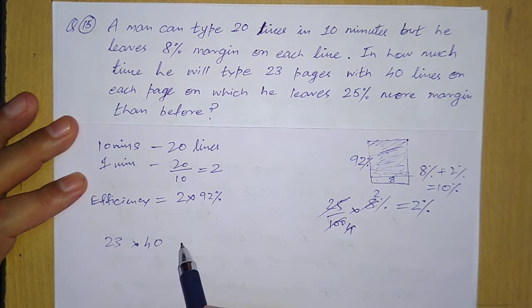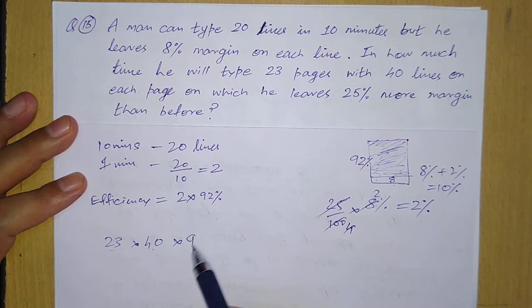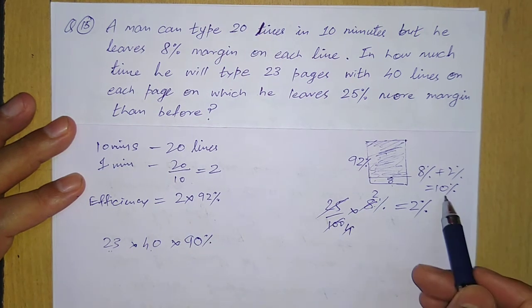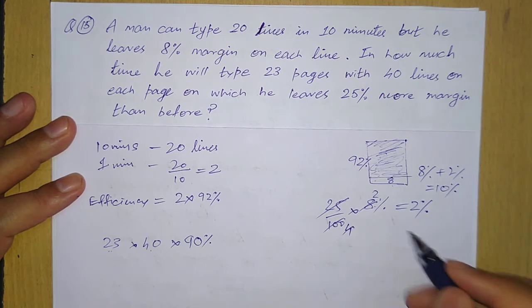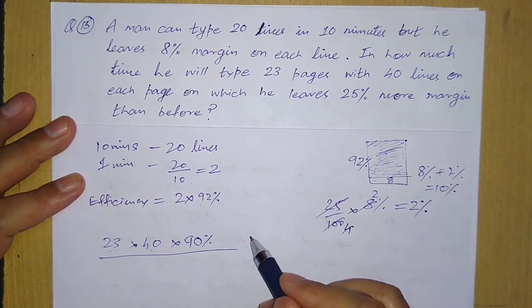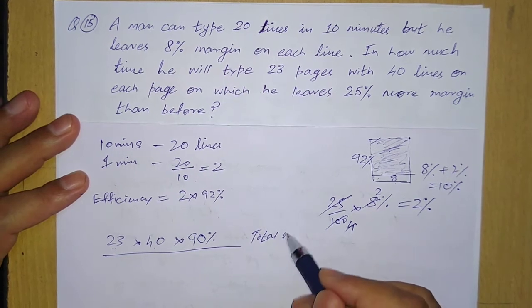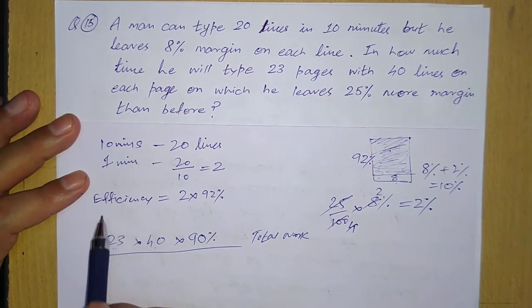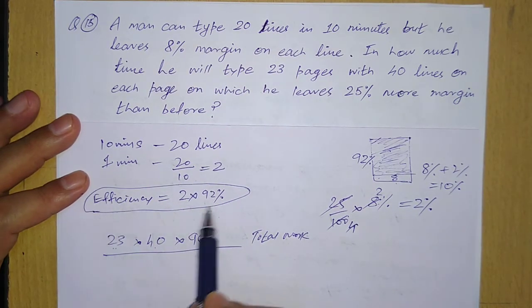So the total work will be how much? 23 pages with 40 lines and 90% work, 10% margin. So this is the total work, and his efficiency is how much? 2 into 92%.